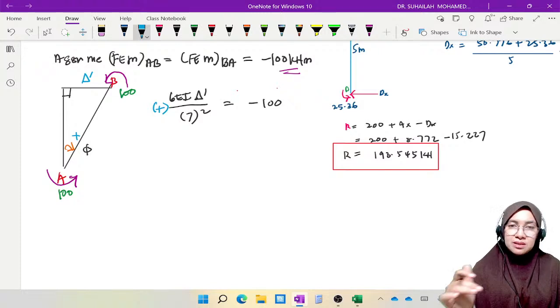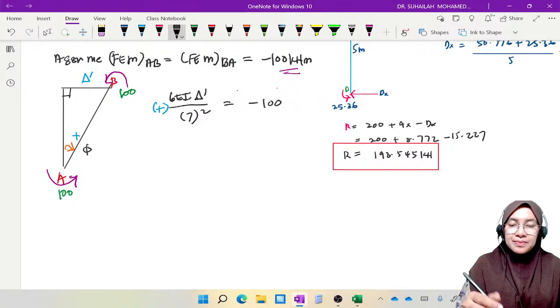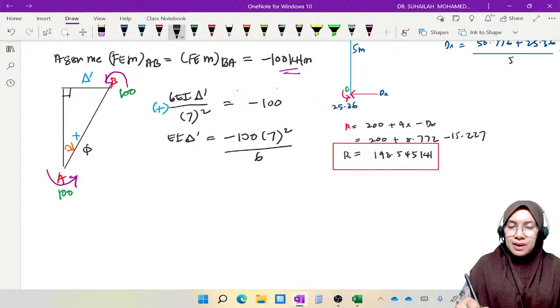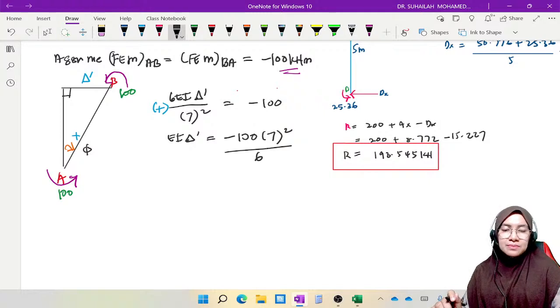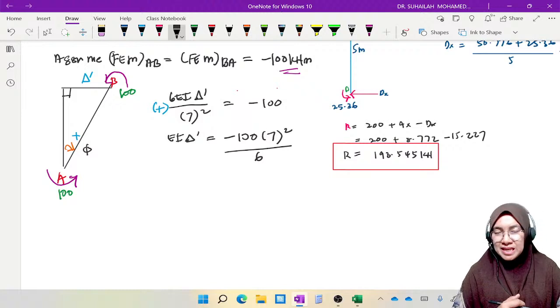This chord rotation, I put the positive sign here, representing positive chord rotation. So 6EI delta prime over L squared equals negative 100. We simplify this and get EI delta prime equal to negative 100 times 7 squared divided by 6. So we use this EI delta prime in FEM for member CD.